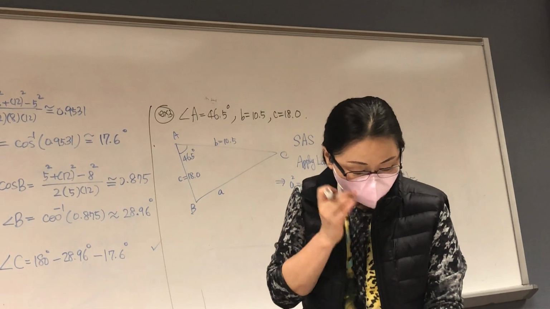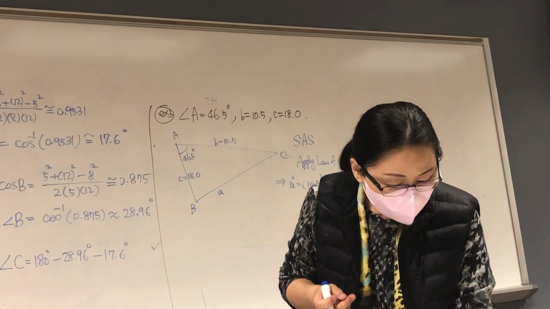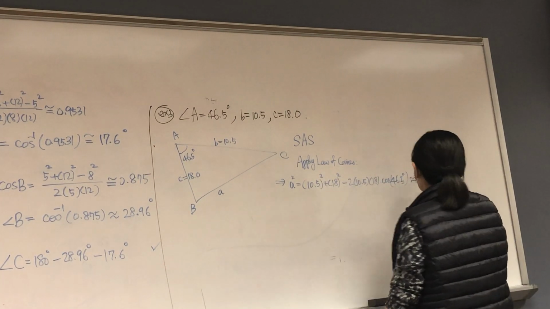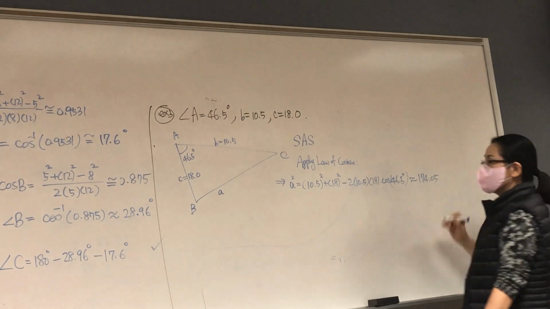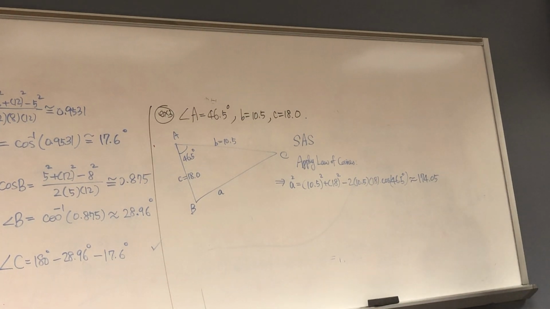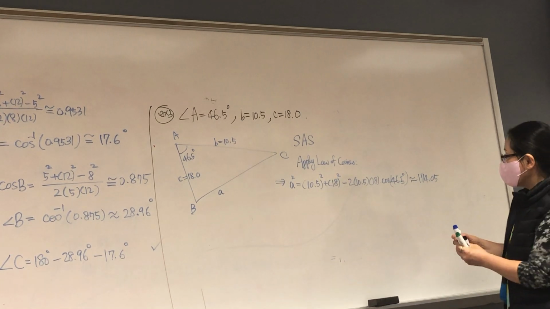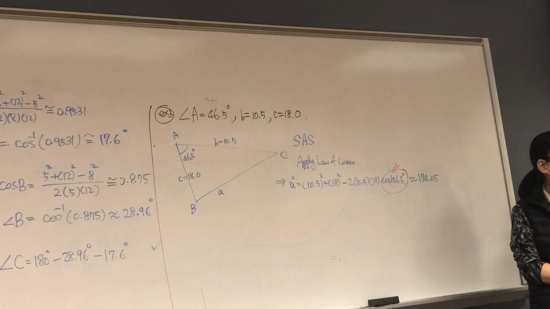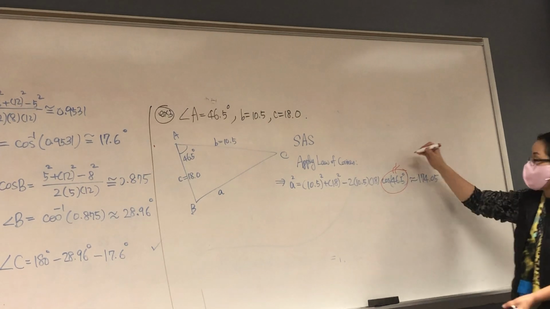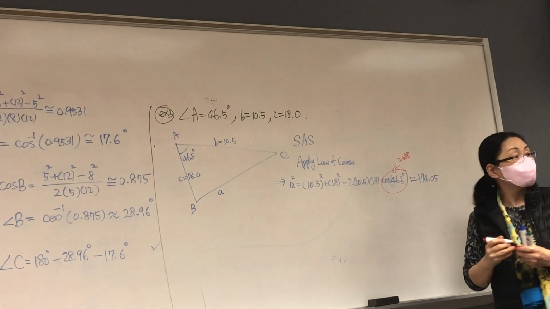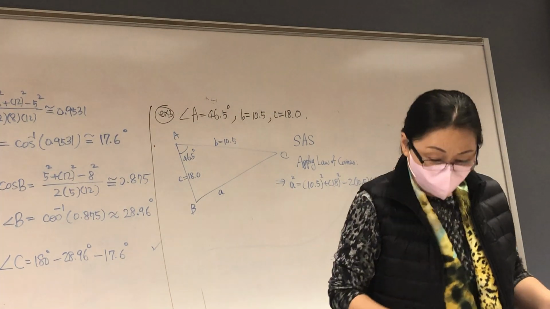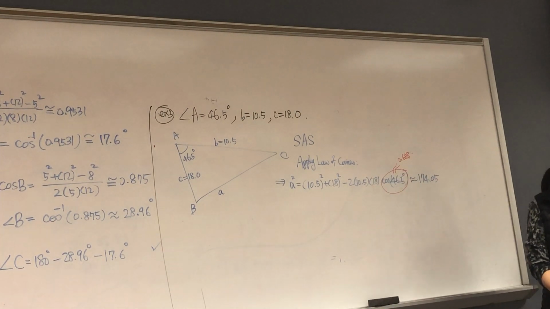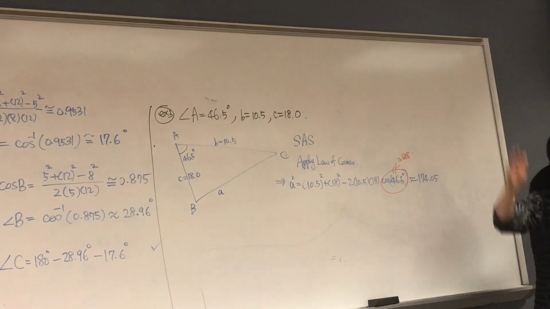Cosine of 46.5 is 0.688. 174.05 is what you should get. You have to add everything. Oh, okay.